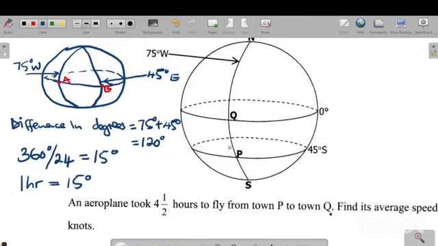So they want you to find the average speed which this aeroplane traveled at in knots. Okay, so they want you to give your answer in knots.